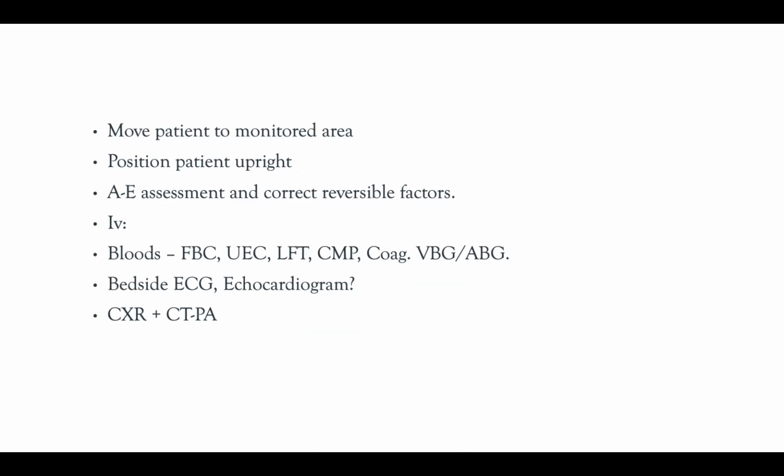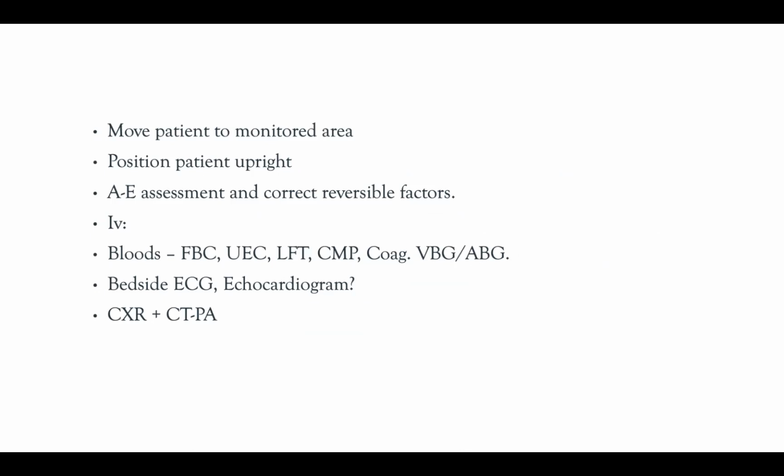So now, given that that's our main differential, given the extensive orthopedic conditions that she's had, probably she's quite immobile. I'm not sure if she's received any prophylactic therapy to prevent DVT.